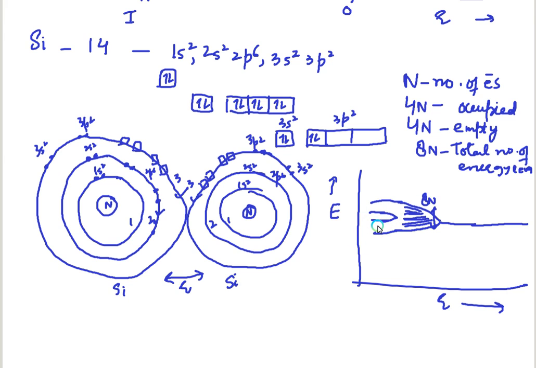See, the lower levels 1, 2, 3, and let me use another pen. This is a very important question.